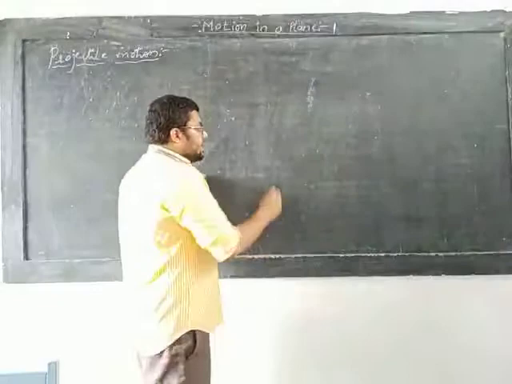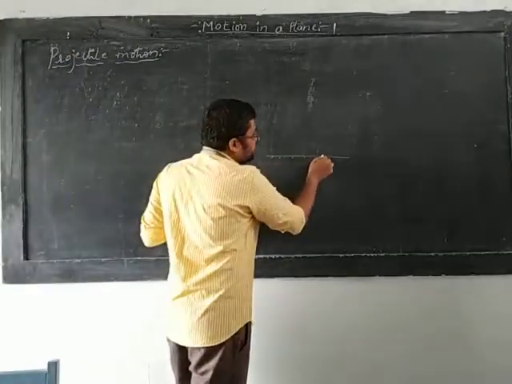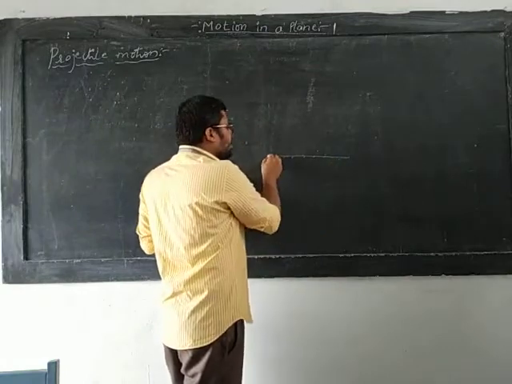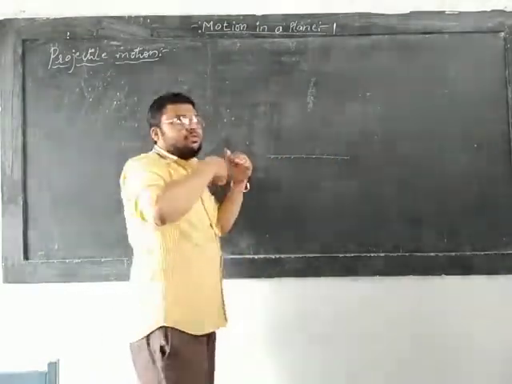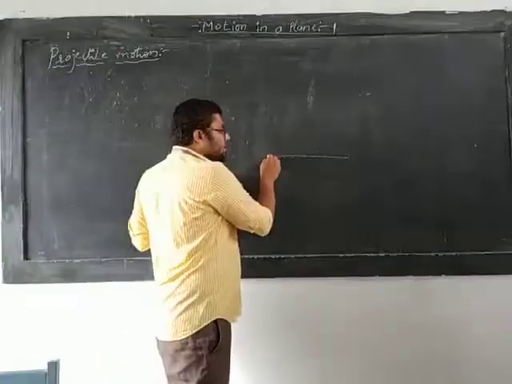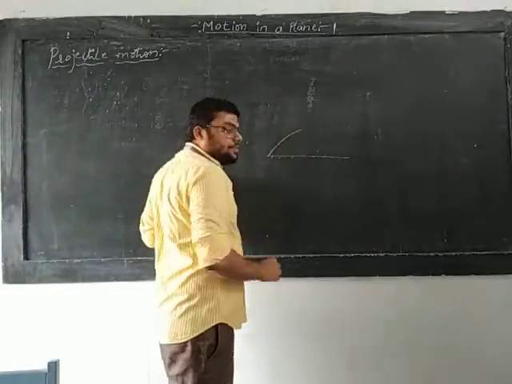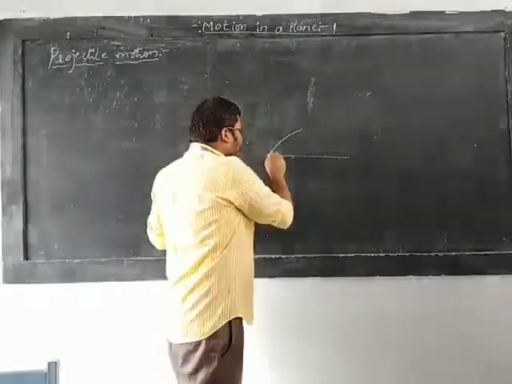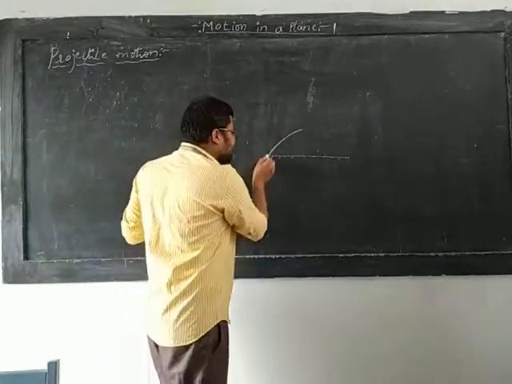Just imagine this is the ground, and a player who is standing here is playing cricket. Now he will throw a ball from this place with a certain velocity in this direction.